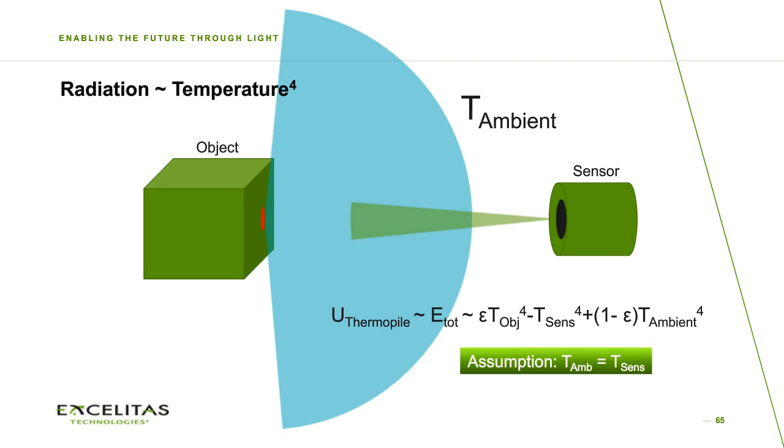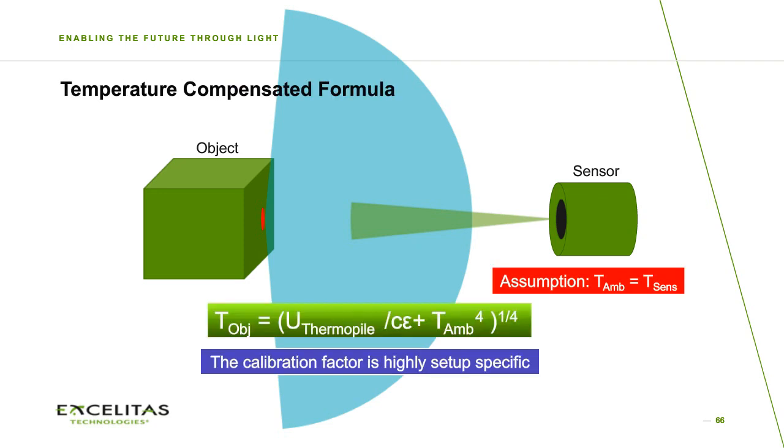So you must make sure that the ambient temperature and the sensor temperature are actually the same, because only then can you have a simplified formula, where with the ambient temperature being the temperature of the sensor, the object temperature can be determined by the voltage of the thermopile divided by the sensitivity of the thermopile times the emissivity, plus the ambient temperature compensation to the power of 4, and then you take the fourth root of this.